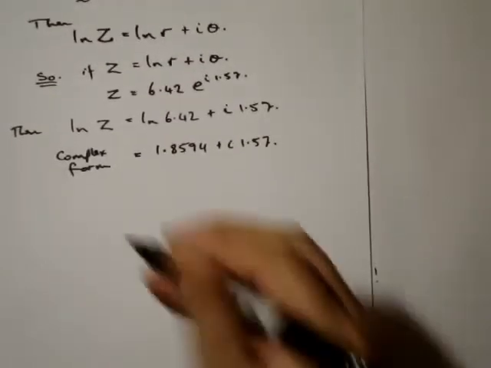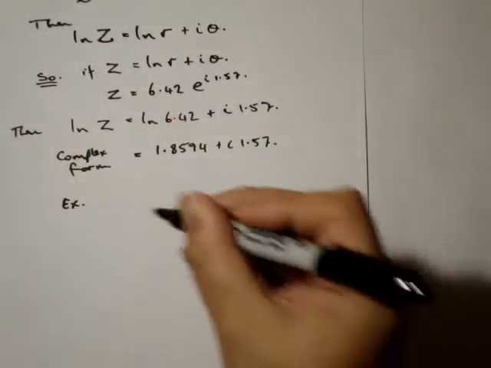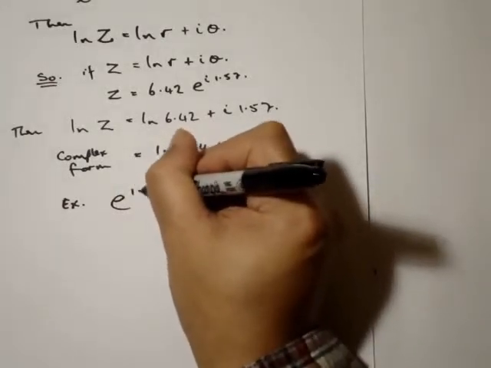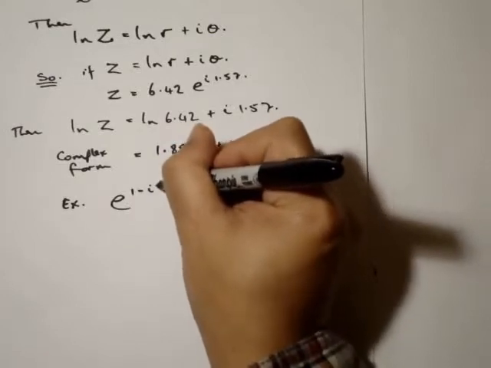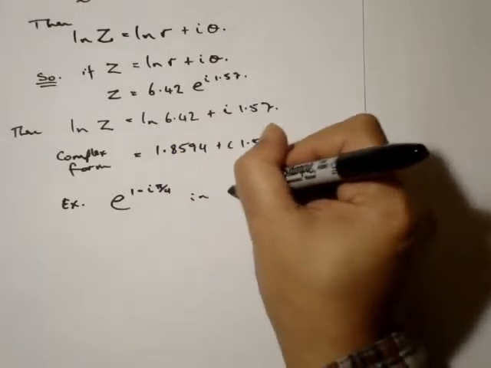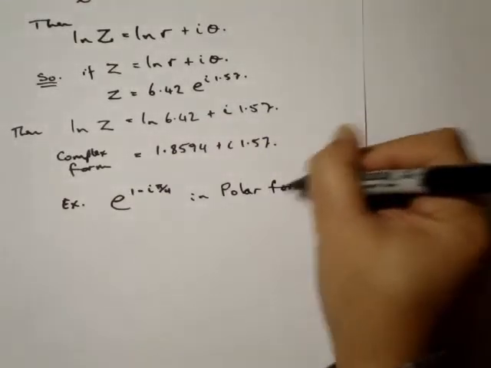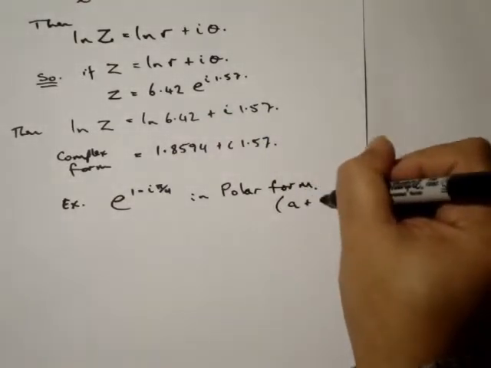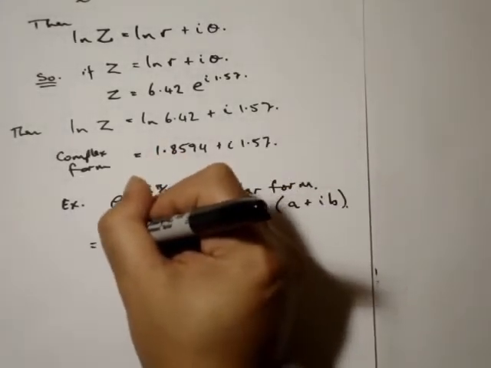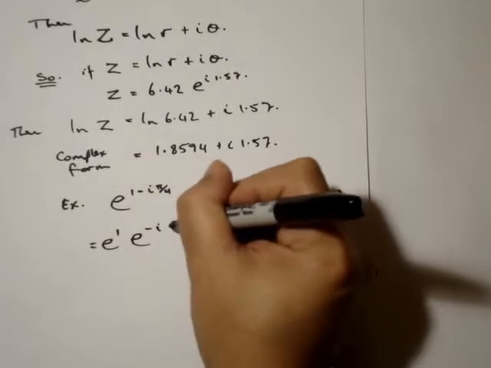So if we were given, for an example, let's make this our final example in this, e to the 1 minus i pi over 4, and we wanted to write this in polar form, which is a plus ib. So this is nothing but e to the power 1, e to the minus i pi over 4.